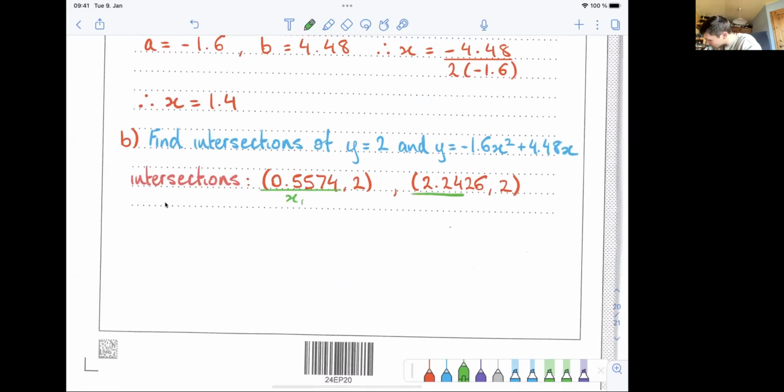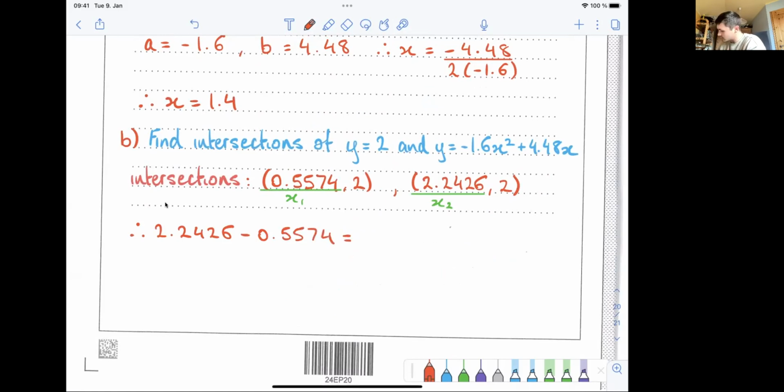Let's call this x1 and this x2. Let's write in the numbers. Therefore, 2.2426 subtract 0.5574.